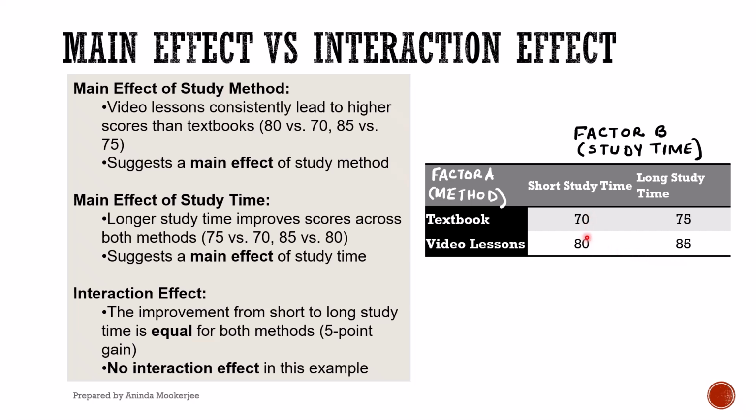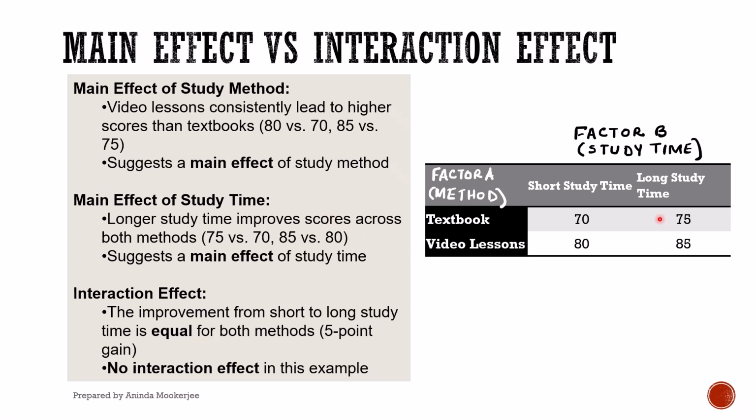So for the first one over here, 80 minus 70 is 10. Right? And this difference is also 10, 85 minus 75. So video lessons is definitely more effective. It's an increase in test scores by 10 points using video lessons, irrespective of how much time one puts into their study. Video lessons consistently lead to higher scores than textbooks, so that suggests a main effect of study method.